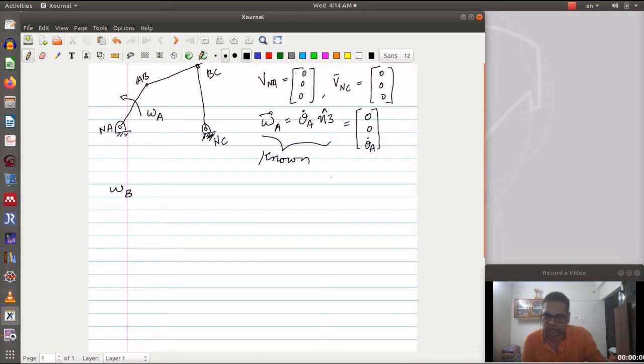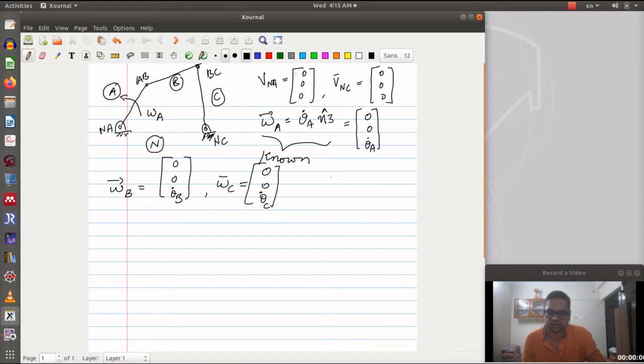And now omega B is 0, 0, theta B dot, an unknown quantity, and your omega C is also 0, 0, theta C dot, the angular velocity of body C. This is our body C, this is our body B, this is our body A, and ground N. Okay, so these are unknown or dependent variables.